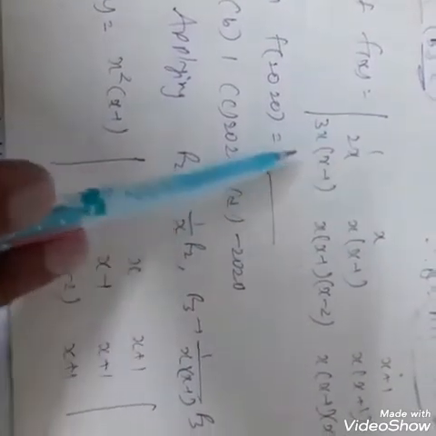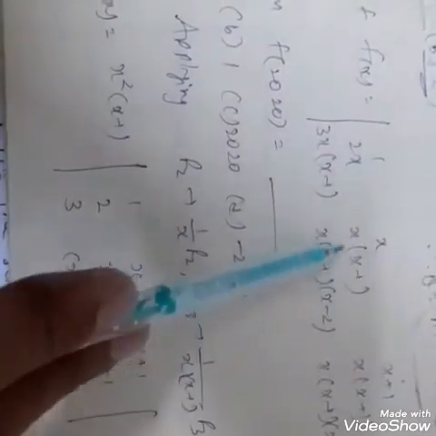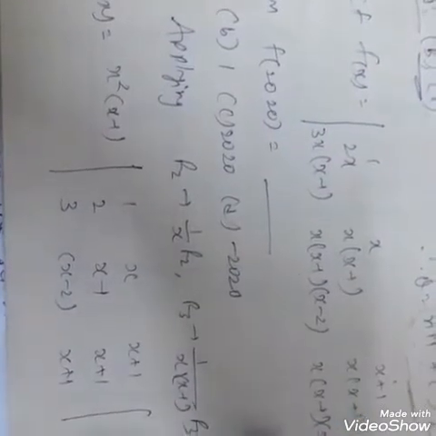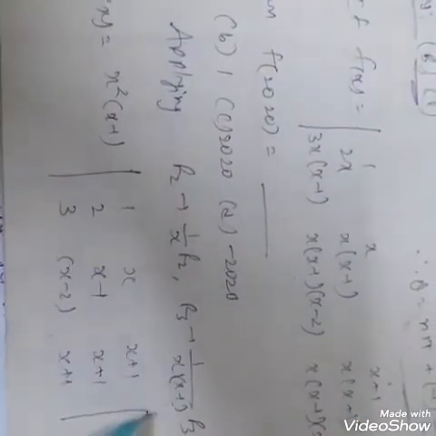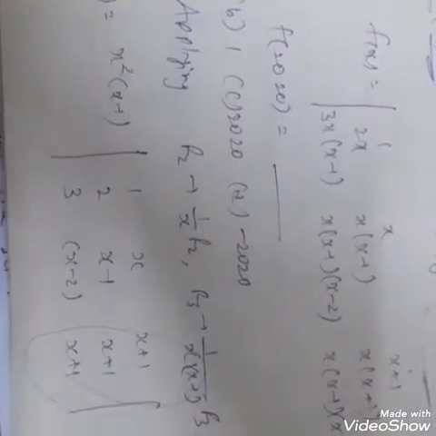Here x is a common element, here x into x minus 1 is common. So first column will be 1, 2, 3. Second will be x, x minus 1, x minus 2, and third will be x plus 1, x plus 1, x plus 1. Means again here in the third column all the elements are the same, so we can take a common element from this column. So now we take x plus 1 as a common element.